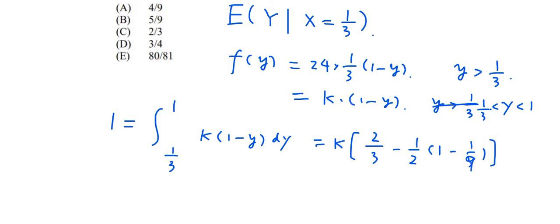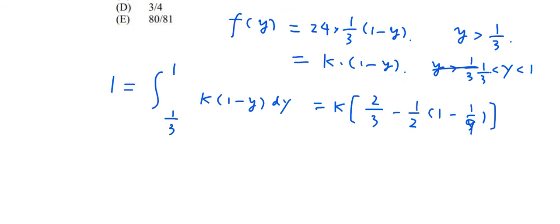Okay, let's simplify. So 2/3 minus half over 9, 8/9, so 4/9.